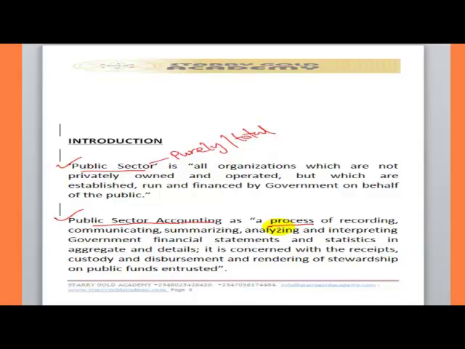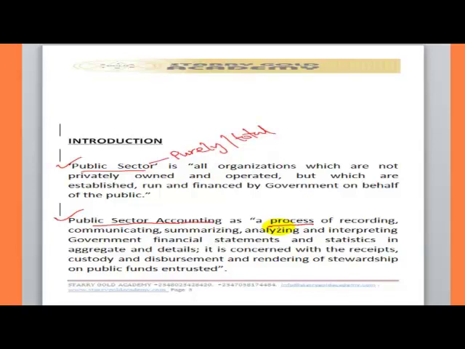And it helps to render a stewardship account of the public fund. When you talk about public sector, these are taxpayers' money that has been entrusted in the hand of government as a trust.